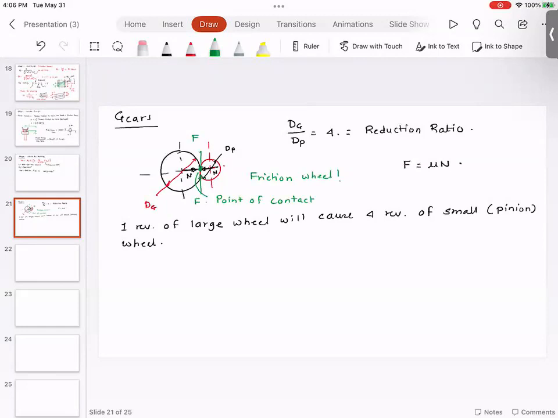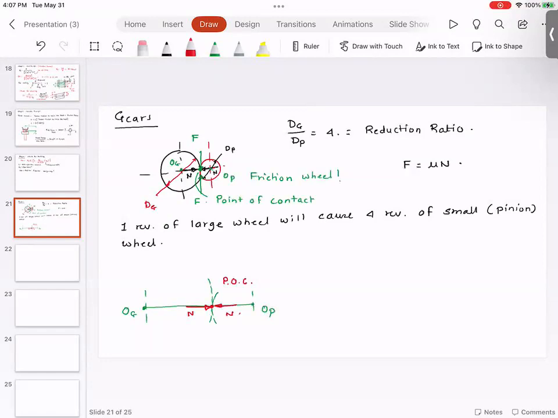So I will try to explain this once again. So this is the line of centers, which means this is O of G, this is O of P. And this is where you have the point of contact, which is P, O, C. At point of contact, you have these normal reactions N and N.